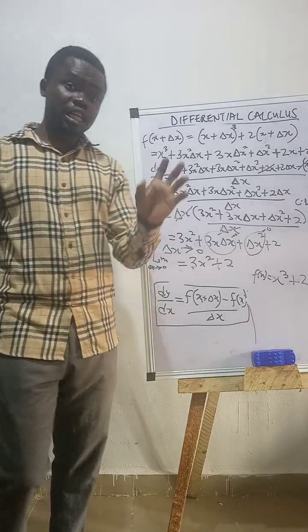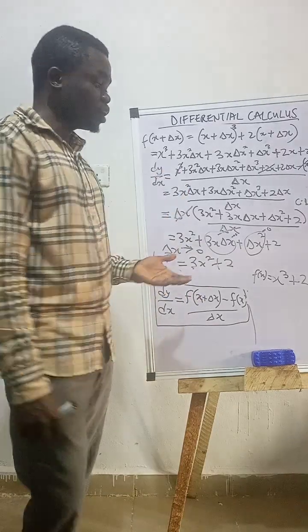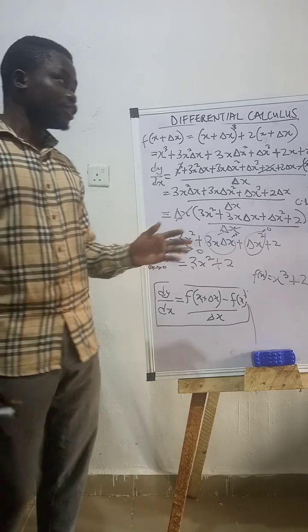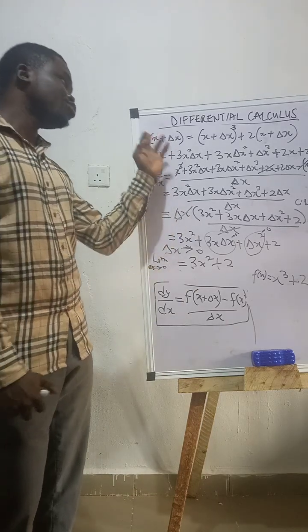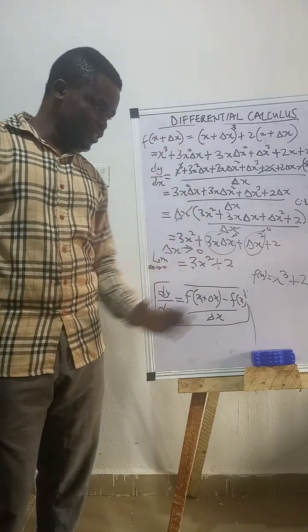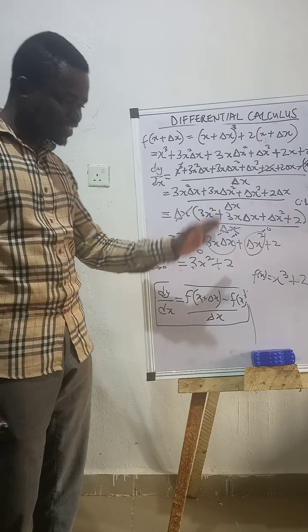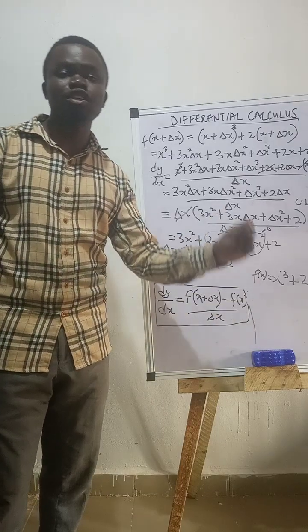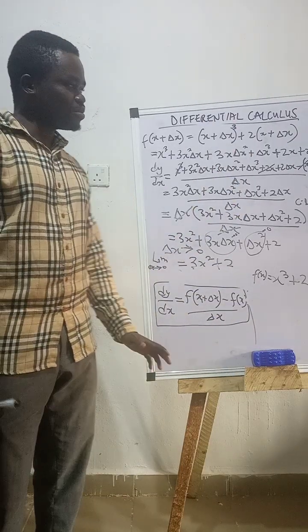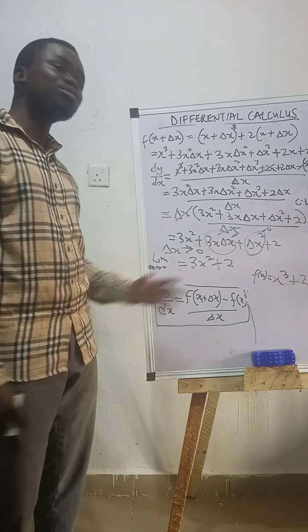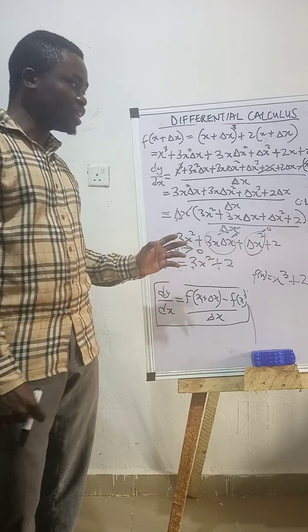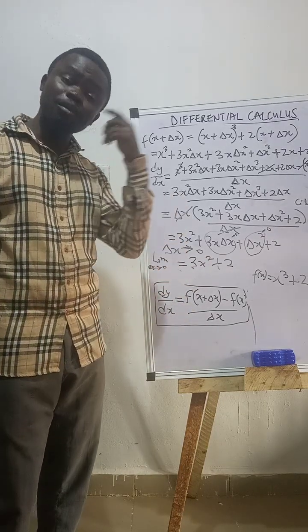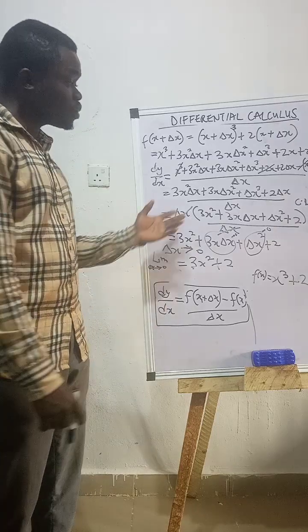Most times they ask people to differentiate from first principles and they are confused, they don't understand what it means. It just means that every time you see x plus change in x, it gives us an answer similar to what we would get the easy way. But the easy way sometimes makes you not understand the basis where we are coming from. This is where we are coming from.